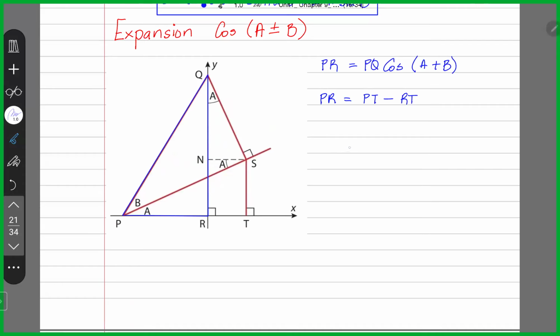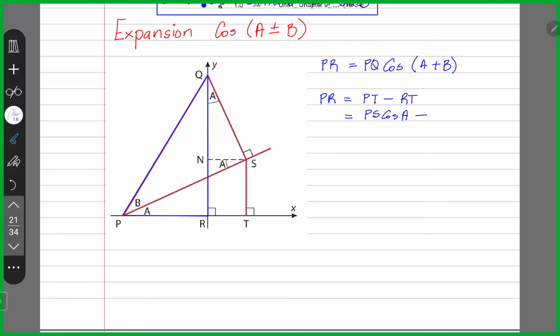Now, PT is equal to PS, the cosine of A, and now minus RT.